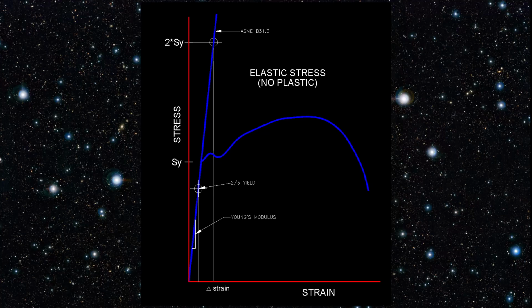Twice yield, as shown in this example with the stress-strain curve, was for illustrating displacement stresses and strains only. So far we have looked at primary stress displacement and also secondary stress displacement from thermal, but there are other secondary or self-limiting stresses that the code calls out. We'll look at those now.